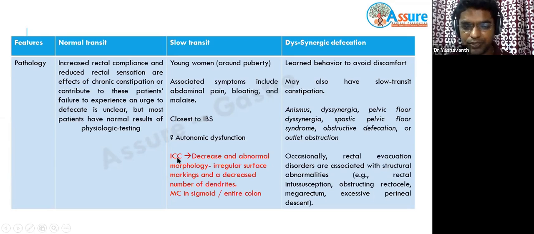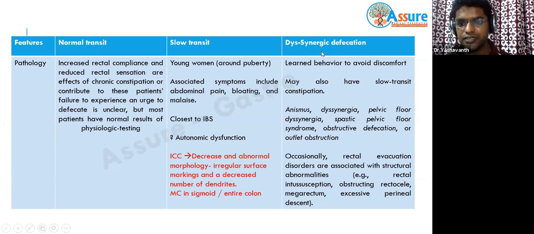And one of the pathologies they have noticed in the slow transit is that the interstitial cells of Cajal will be decreased, and they will have abnormal morphology, and they even have a decreased number of dendrites. That's why I told this might be a uniform thing happening throughout the GI. And most commonly it is noted in the sigmoid or entire colon.